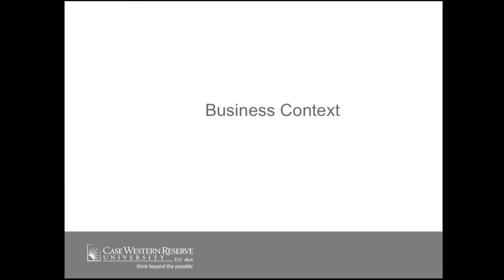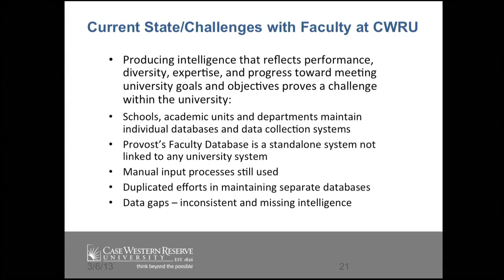So the first thing you want to do is look at the business context. If you remember, that was the first thing that we looked at the last time, at the very beginning of our discussion today. So some of the current challenges with faculty at CWRU is being able to look at the goals and objectives of the university and being able to apply some intelligence around the performance and diversity and expertise of our faculty.